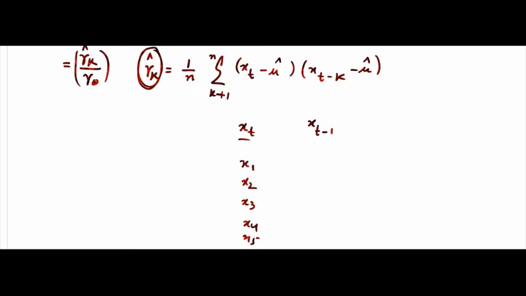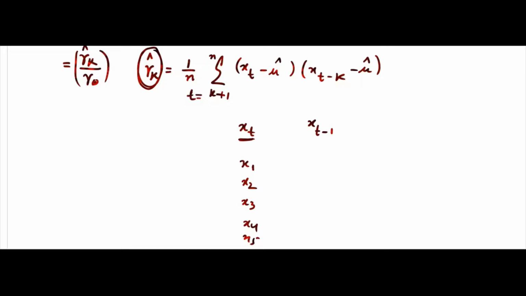So I am interested in the t minus 1 values. Here also I can start, if I want, from 0, but t will be from k plus 1. It will start from 1 anyway.